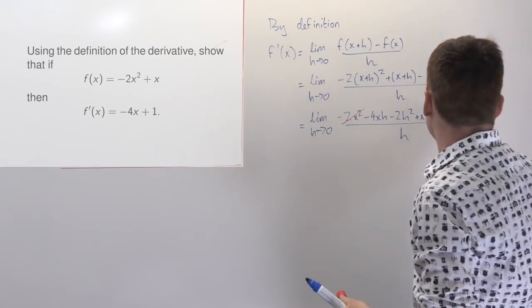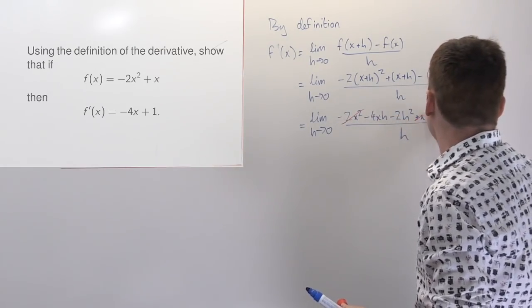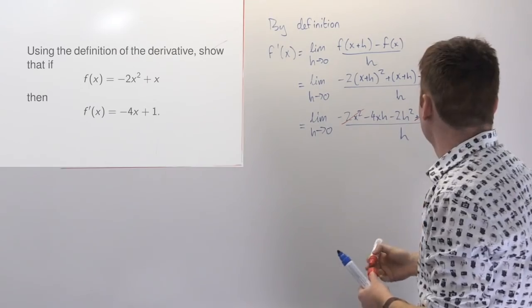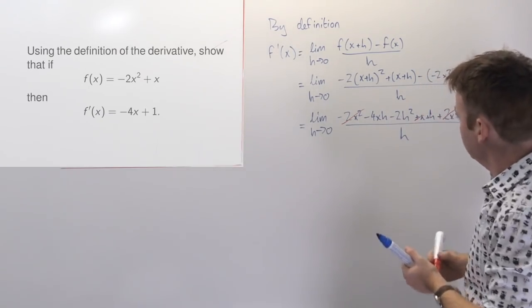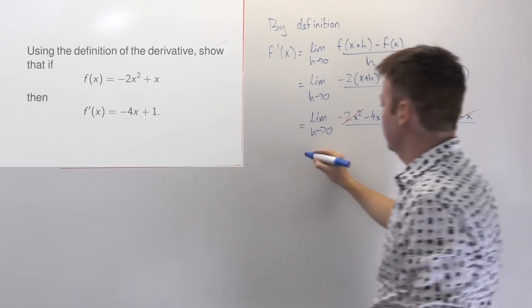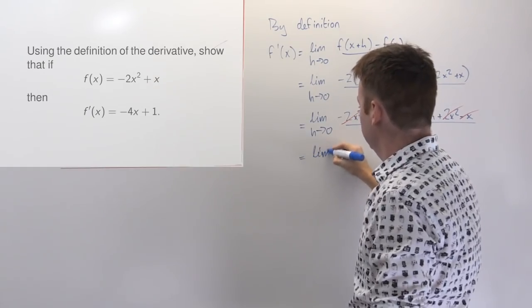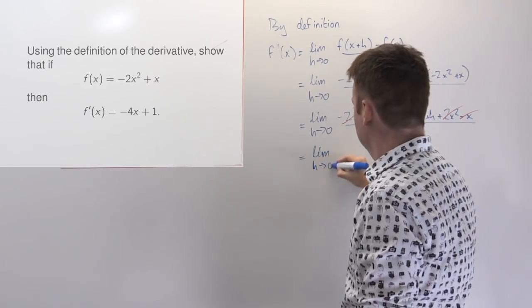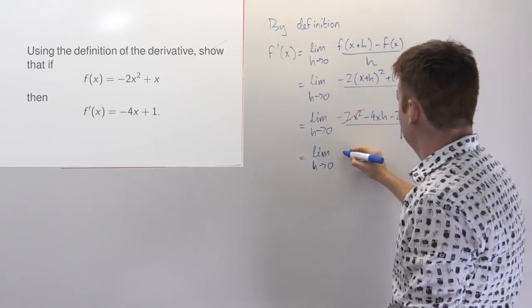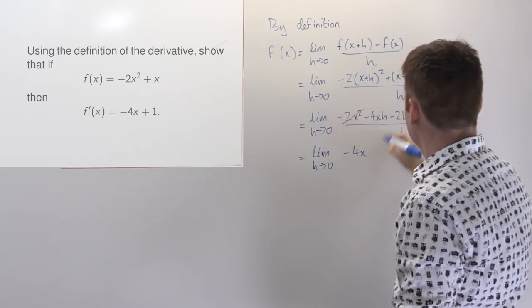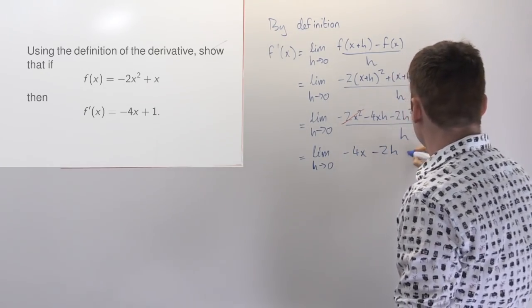That cancels with that, that cancels with that, and everything else has an h in it. So I can write this as the limit of -4x minus 2h plus h.